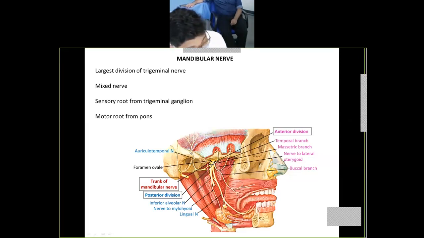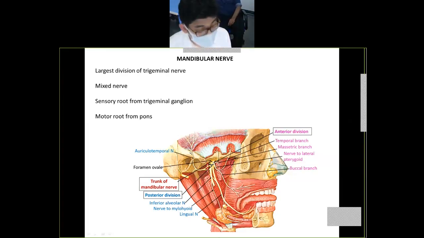And all these ganglions are mostly topographically, that means structurally, hanging by any one of the divisions of the trigeminal nerve. You understood?